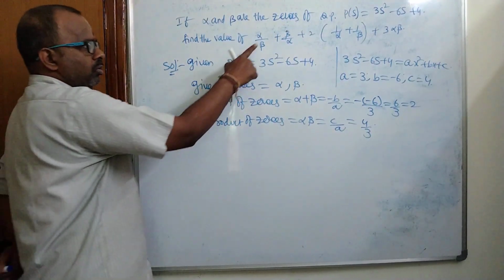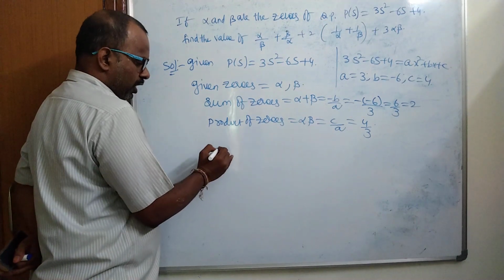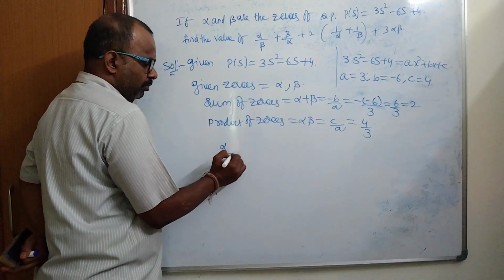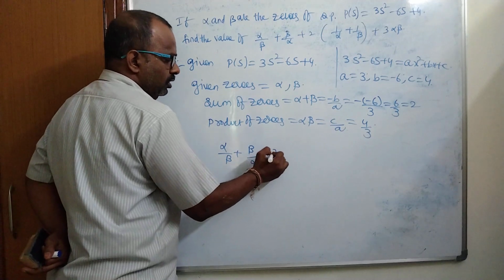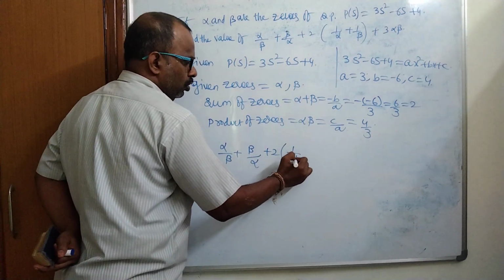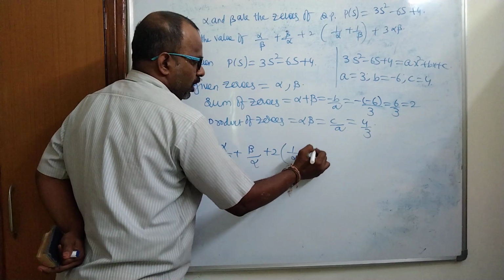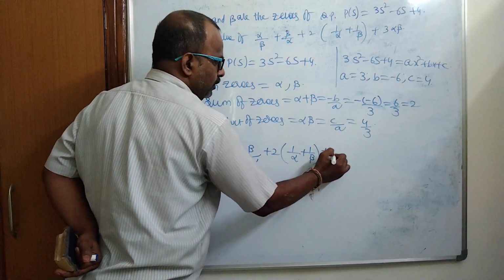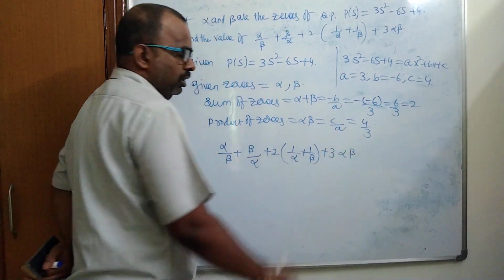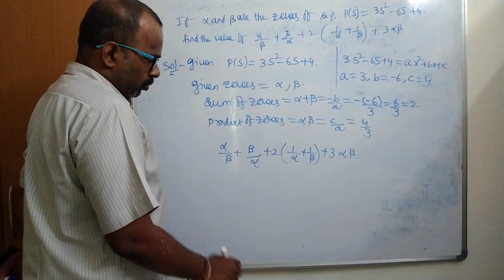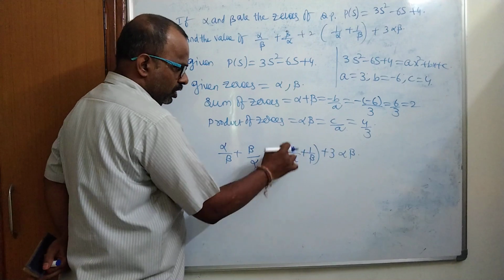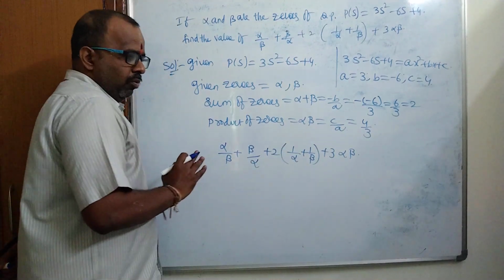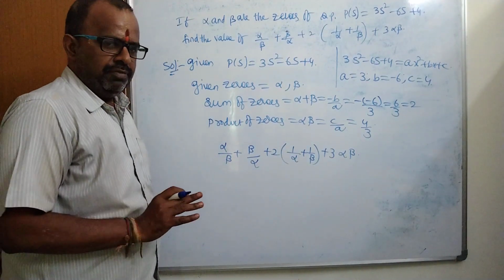Now let us take this expression: alpha by beta plus beta by alpha plus 2 into 1 by alpha plus 1 by beta plus 3 alpha beta. First let us take this part separately and that part separately, so that the simplification will be very easy for us.